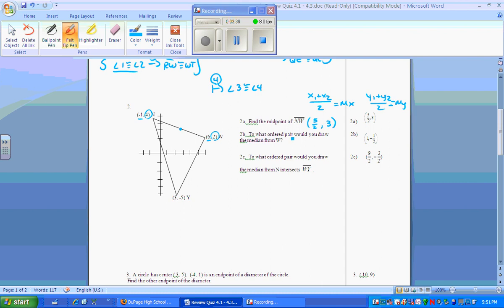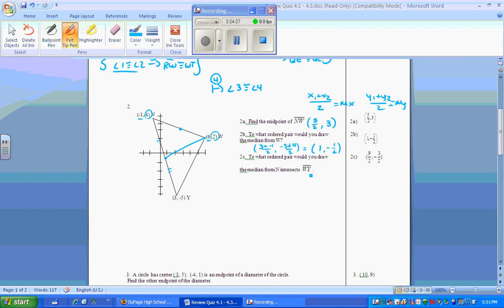B, what ordered pair would you draw the median from W? Well, it comes from W going to the middle over here, causing these to be congruent. So we need the midpoint between these two. So we have 3 plus negative 1 divided by 2, and negative 5 plus 4 divided by 2, simplifying to 1 comma negative 1/2.